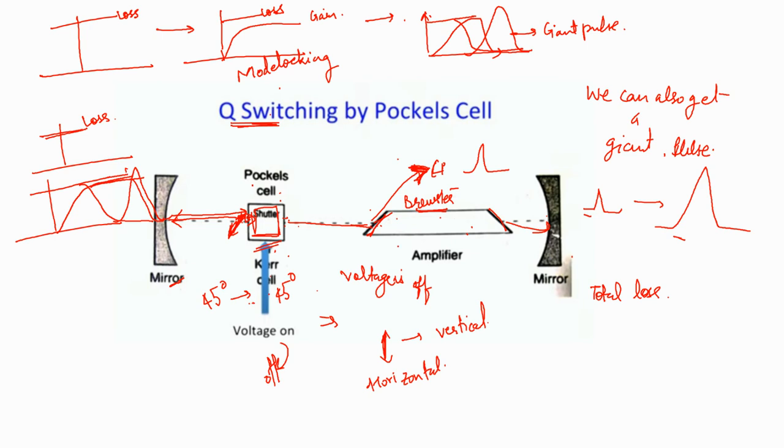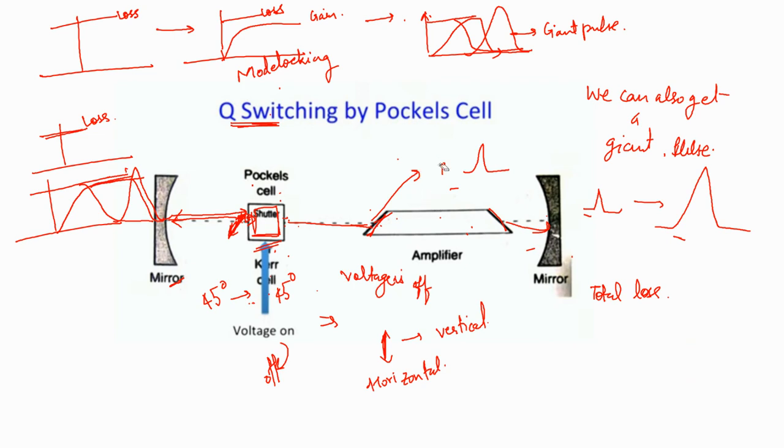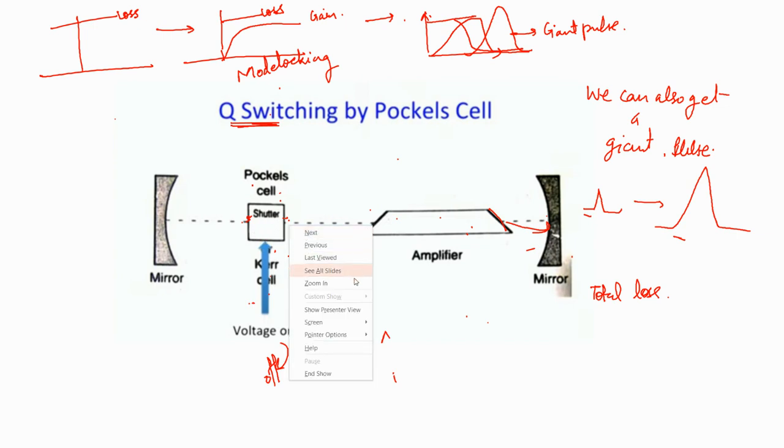So now what I want to say is, initially, when the voltage is on for the focal cell, say we have a vertically polarized light at this.